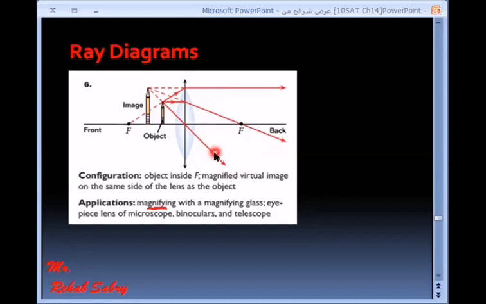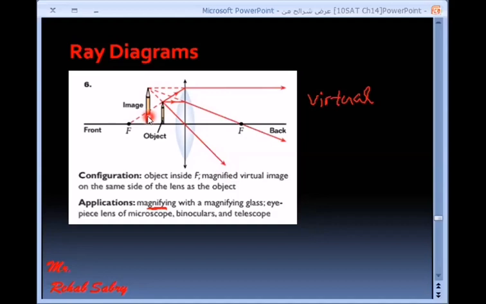What will happen? They are going far from each other, so you extend them like this, such that their extensions, the dashed lines, meet each other here where the image is formed. So the image is formed by the extensions, so it's virtual. This is the first virtual image.